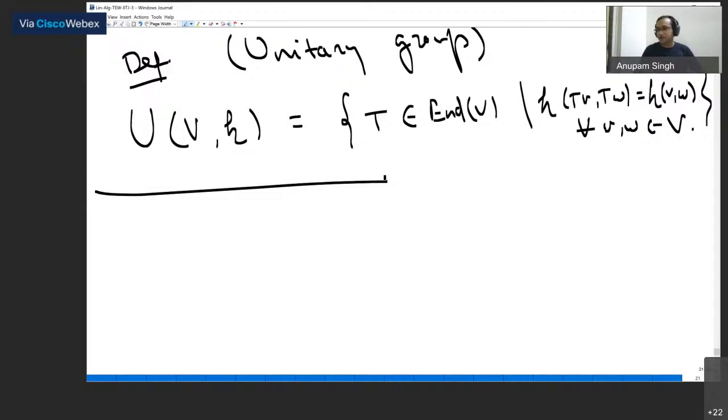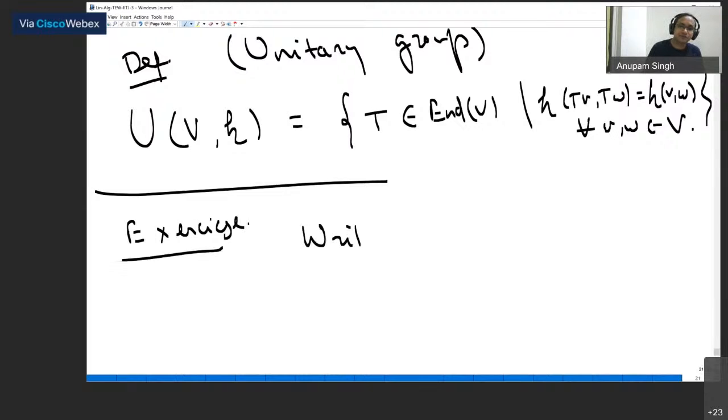Once again, one can write the matrix version of this, but I will leave it for you to write. So maybe as an exercise, write the matrix version of the unitary group.